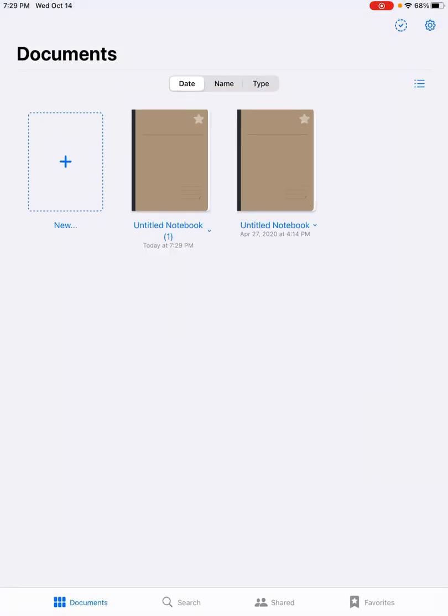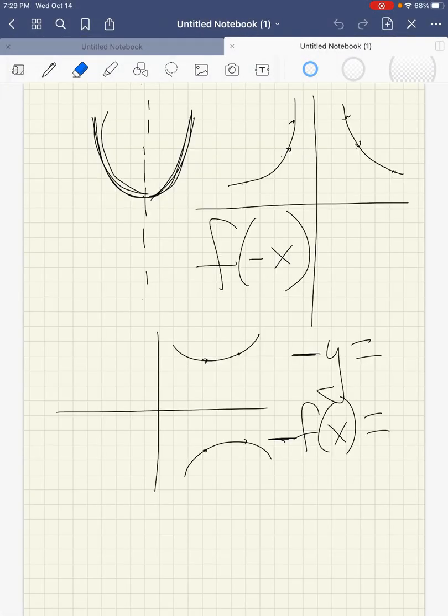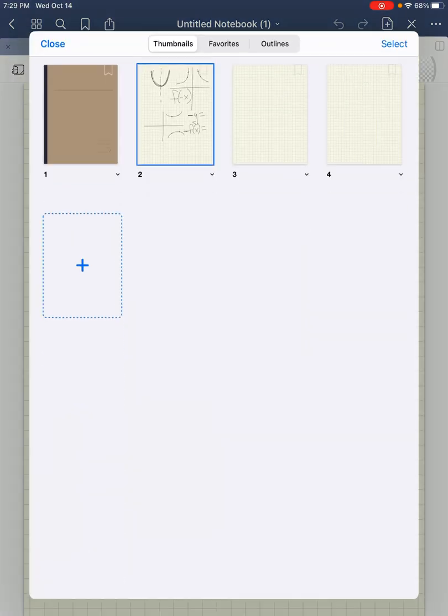It's just not going to the next page. I don't know what's happening. All right.